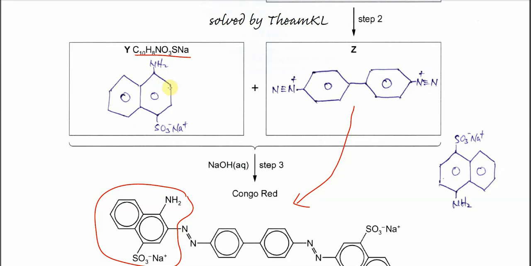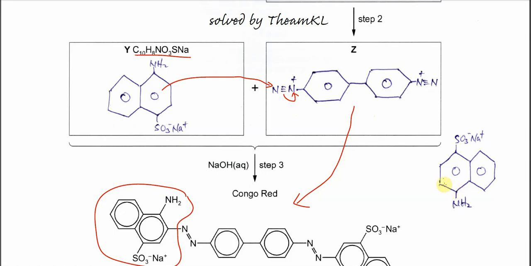One pair of electrons from the benzene ring will form a new bond with this N, and the pi bond breaks. It will form the azo link later, and this one will do the same thing.